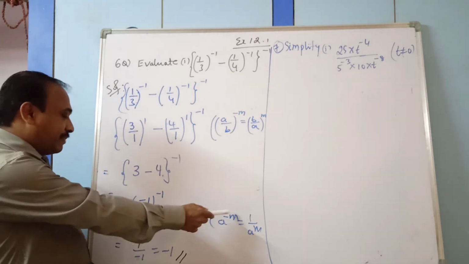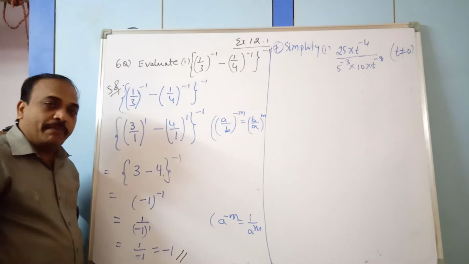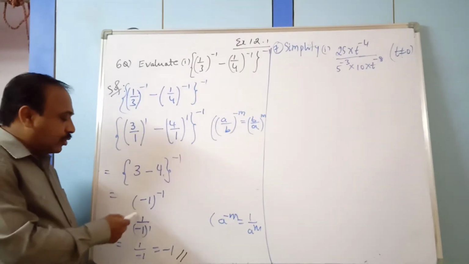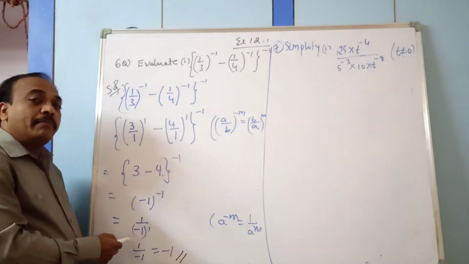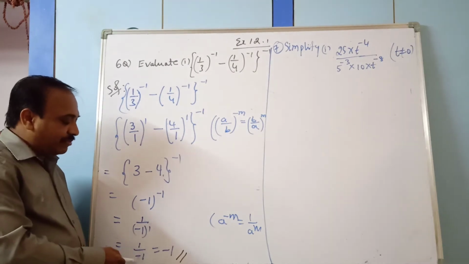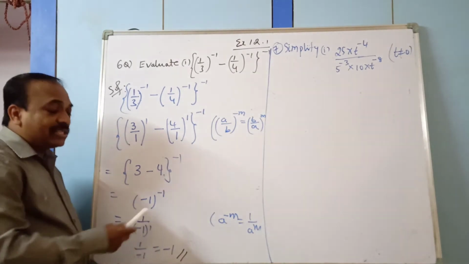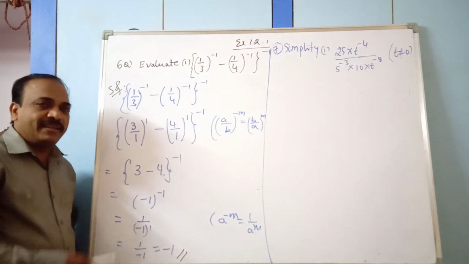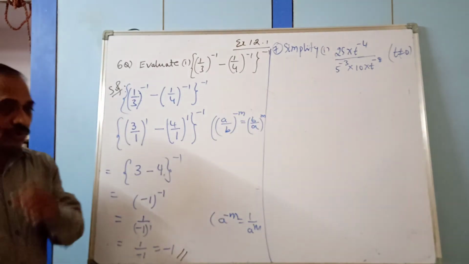Again we have a^-m = 1/a^m, so we can write 1/(-1)^1, which is 1/(-1), that is -1. Is it clear? Now we see one more question.